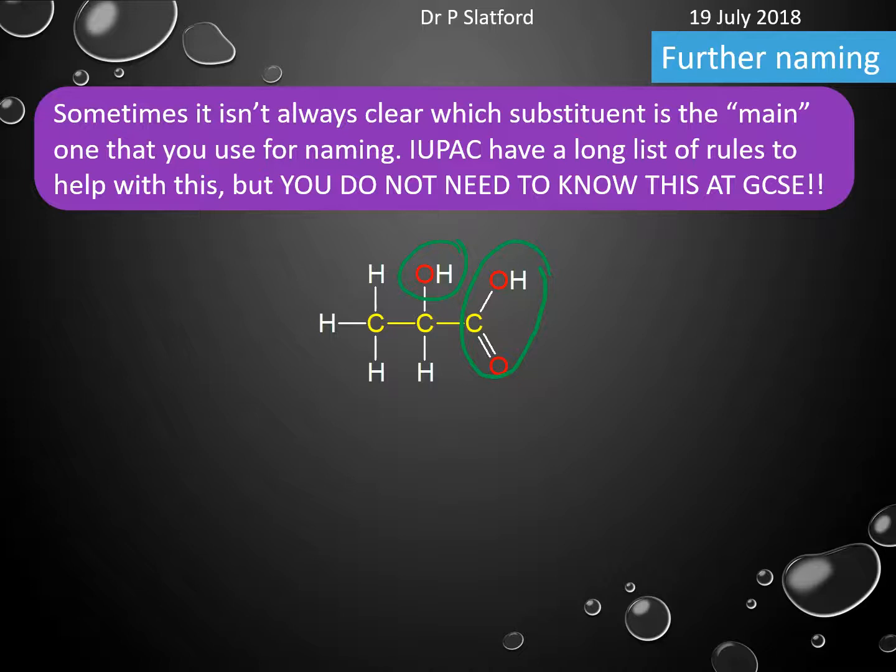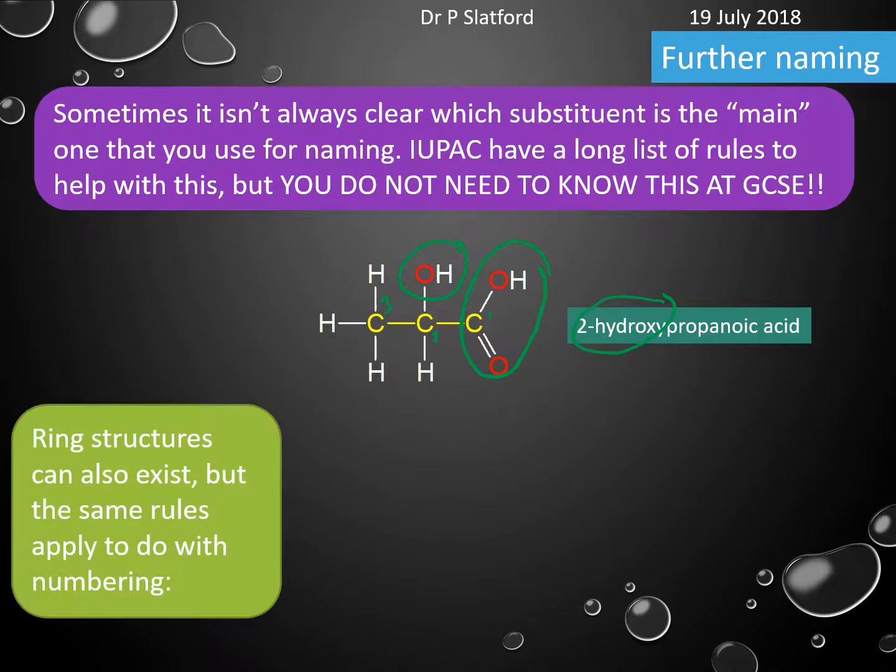So it can't be both propanol and propanoic acid. One of them takes precedence, and in this case, it is actually the propanoic acid that takes precedence, and instead of calling this an alcohol, it has this 2-hydroxy because it's 1, 2, 3. The hydroxy, your OH group, is on the second carbon.